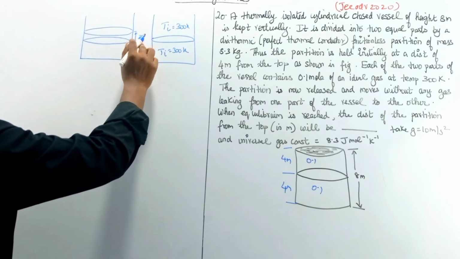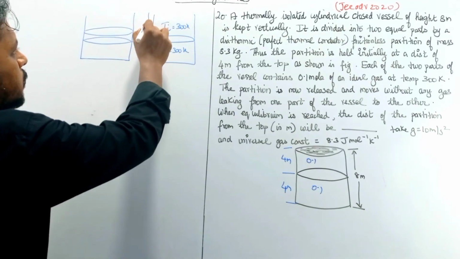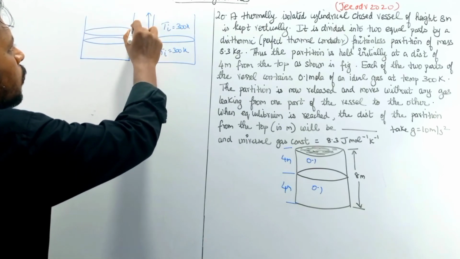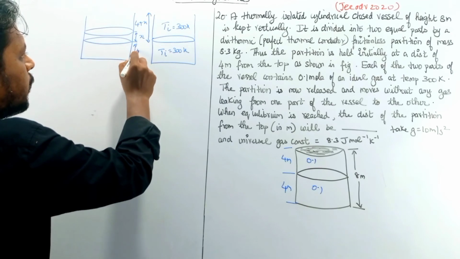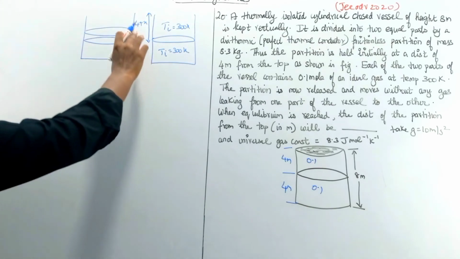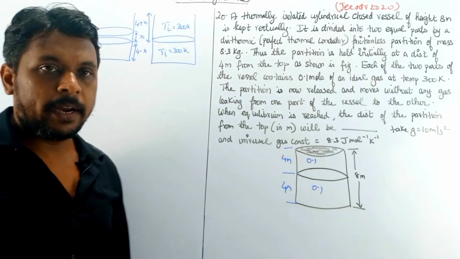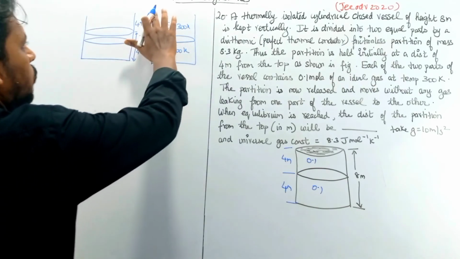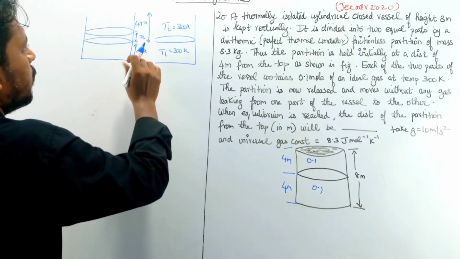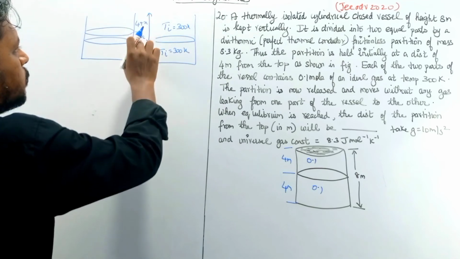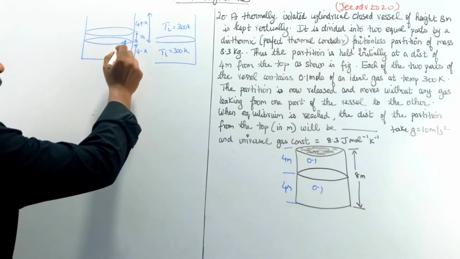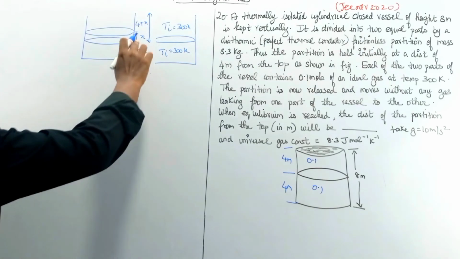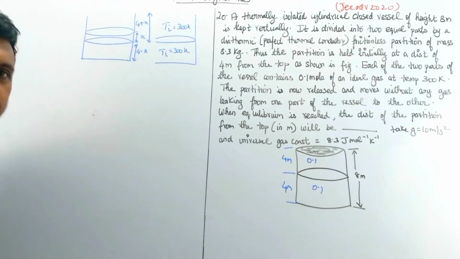The distance from the top will now be 4 plus x, and the distance from the bottom will be 4 minus x.